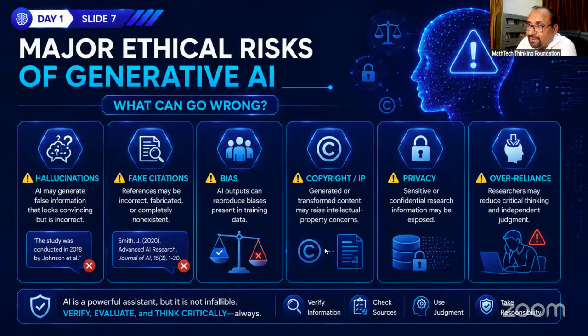What are the major ethical risks of a generative AI tool? Okay, so what can go wrong with us? There are some terms, as you can see here: hallucination, fake citation, bias, copyright, IP, privacy, or over-reliance.